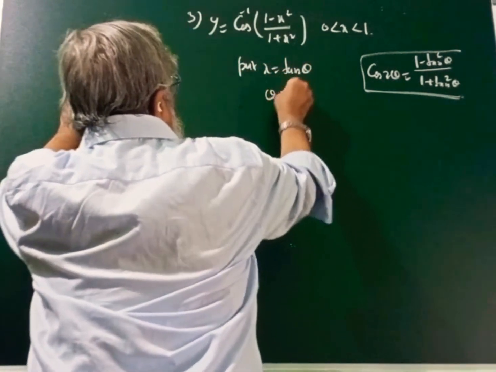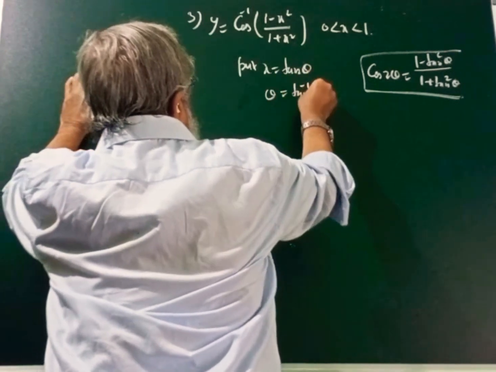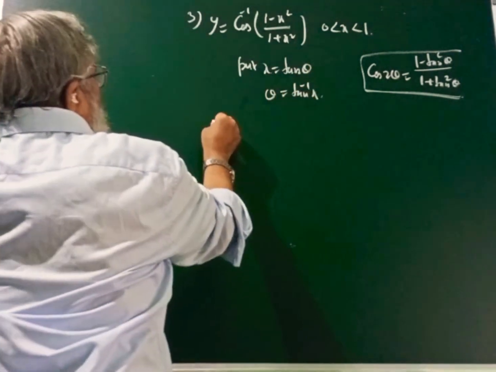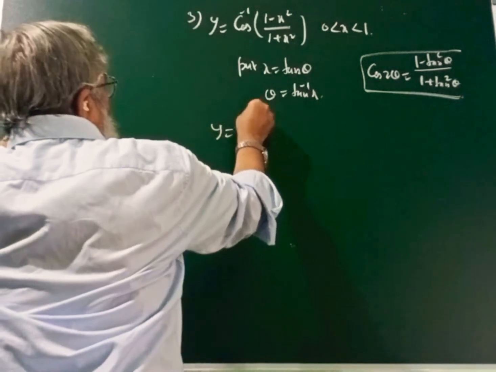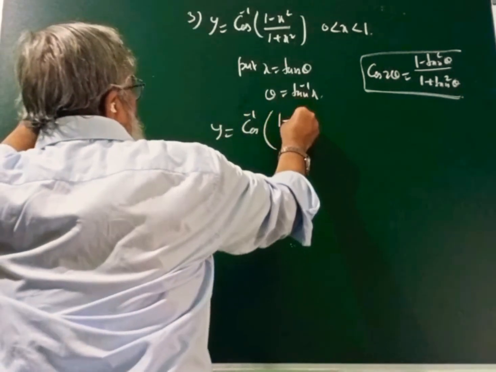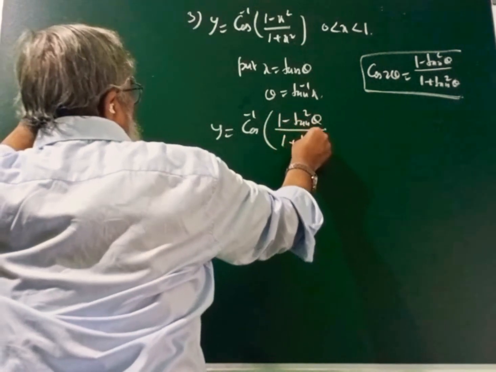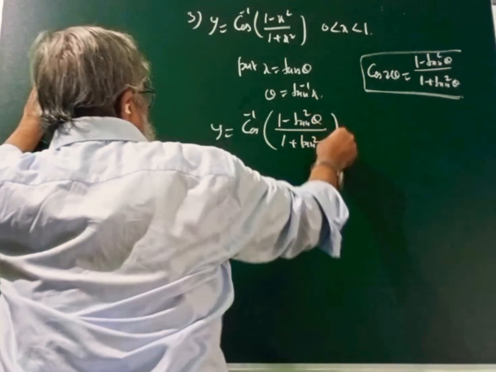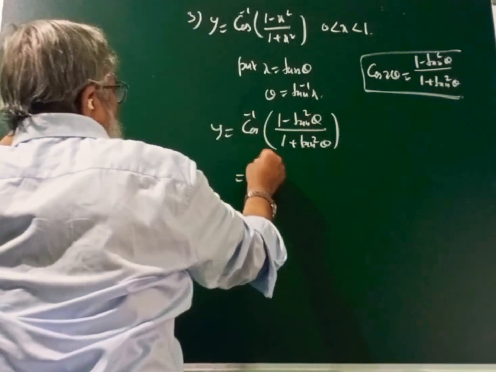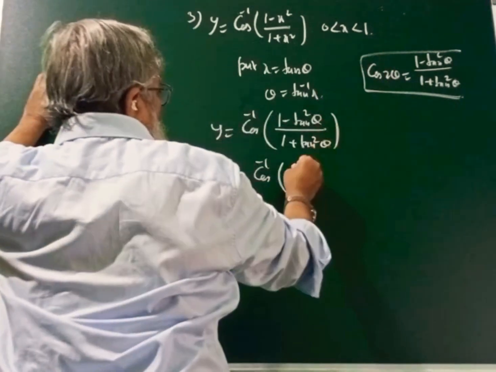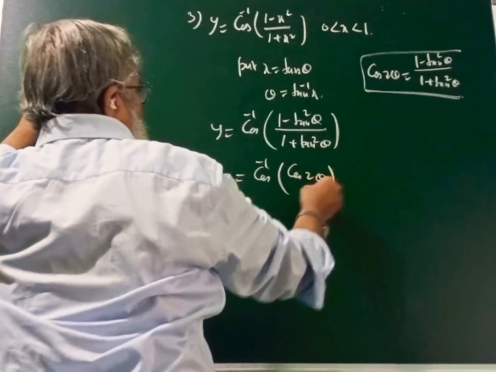Therefore theta is equal to tan inverse of x. So y can be written as cos inverse of (1 minus tan square theta) divided by (1 plus tan square theta), that is cos inverse of, applying that formula, cos 2 theta.